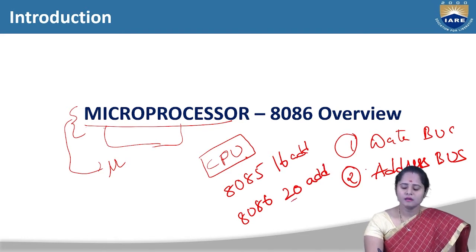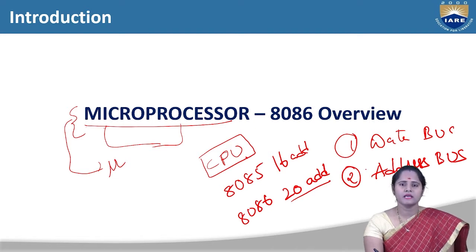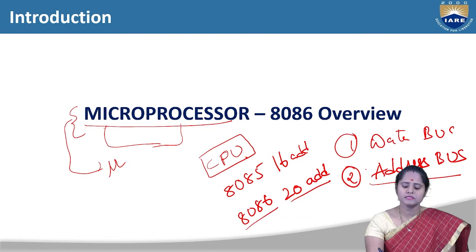These address lines define how much memory is assigned for my microprocessor.